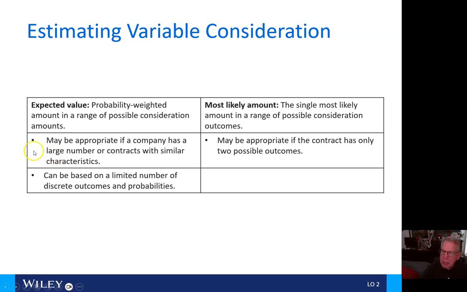And that might be appropriate if a company has a large number of contracts with similar characteristics, or can be based on a limited number of discrete outcomes and probabilities. The most likely amount is the single most likely amount in a range of possible consideration outcomes. And that may be appropriate if the contract has only two possible outcomes.